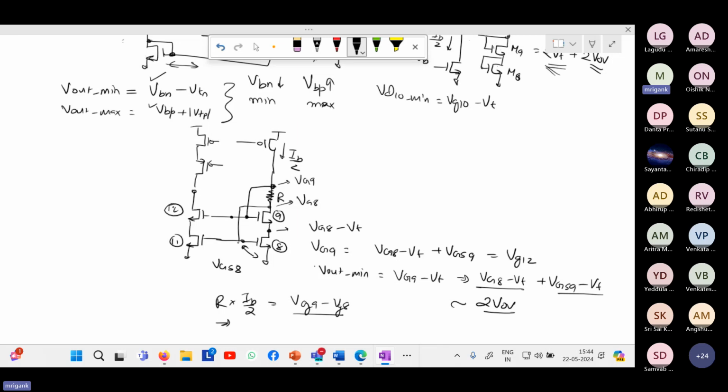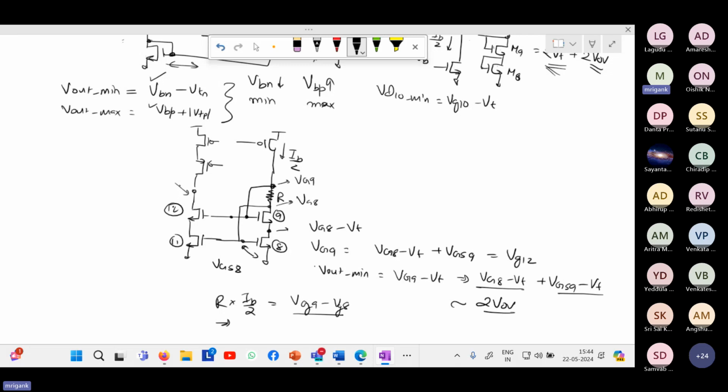Here we are trying to bias it such that the gate voltage is the minimum gate voltage for which M9 and M8 will be working in the saturation region, with the M12 and M11 gate voltages biased with the same voltages, allowing the minimum possible Vout min.